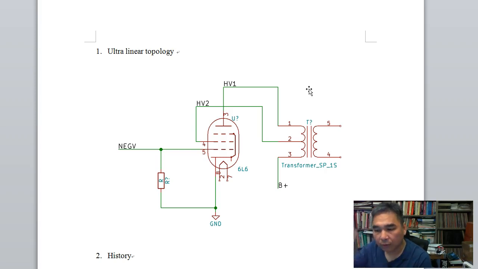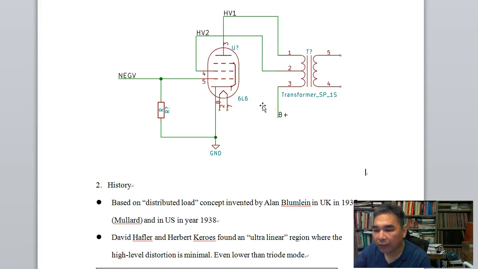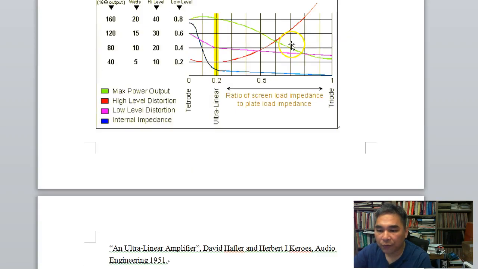In other words, the voltage on HV2 has a DC component which equals B2, and an AC component which is a factor of the AC component on HV1.